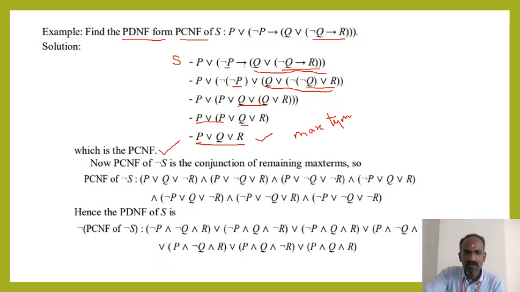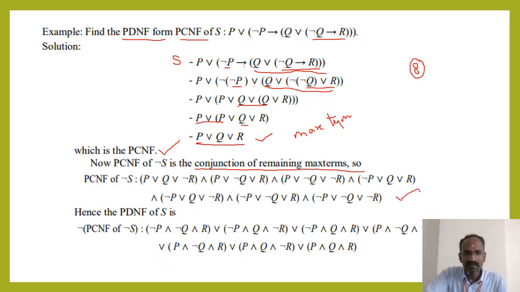We promote this principal conjunctive normal form to the PDNF by considering the conjunction of the remaining max terms. Already we listed the eight possible max terms containing three variables. From this list of eight, we omit this max term, P or Q or R, and write down the remaining seven max terms.